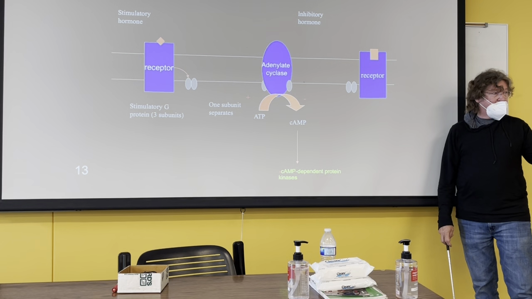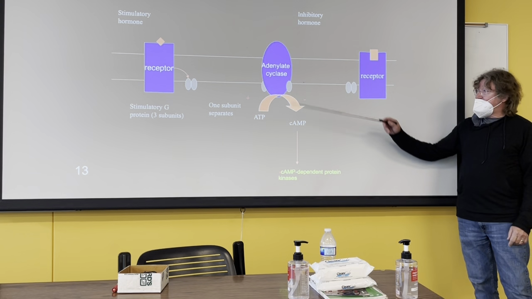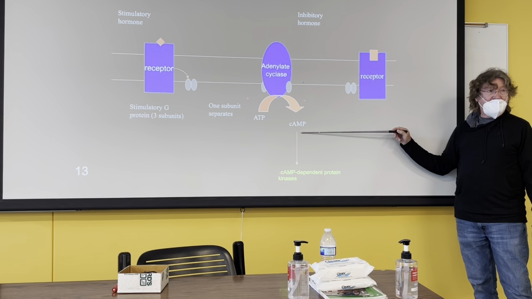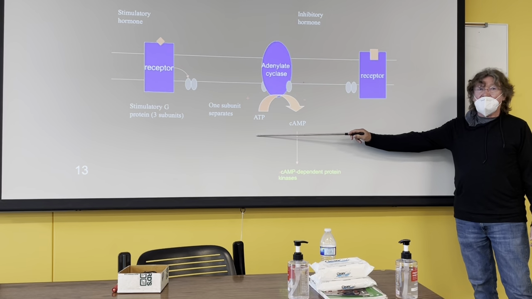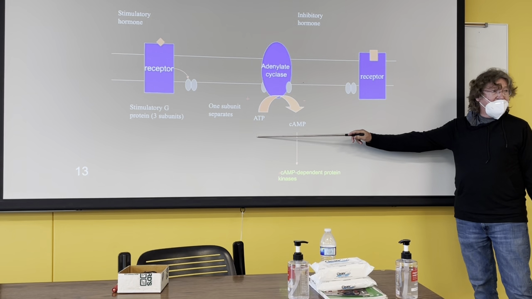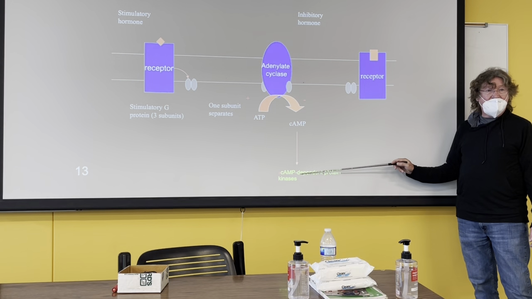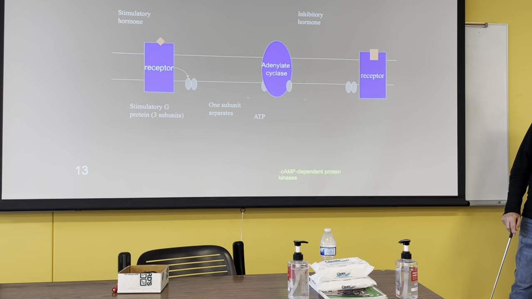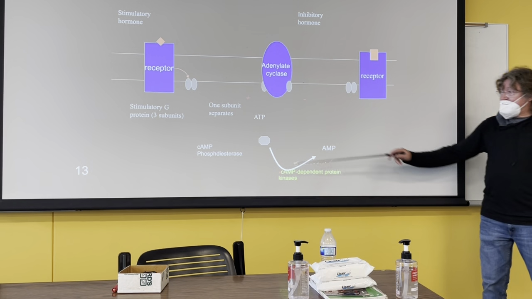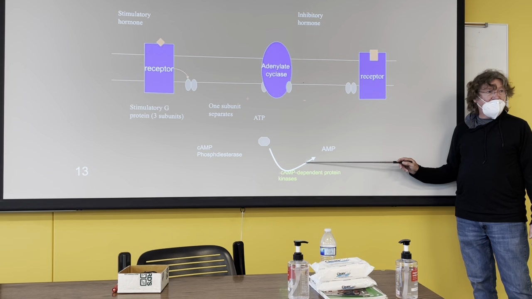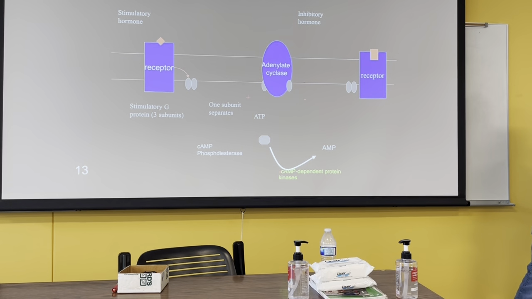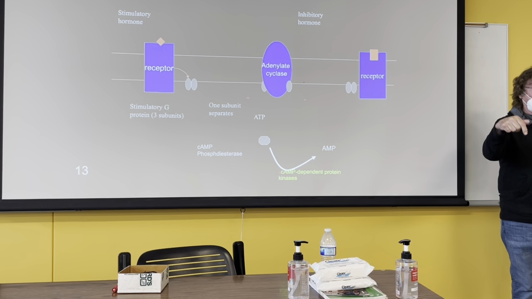Well, adenylate cyclase here is producing high amounts of cyclic AMP, higher than what the cyclic AMP phosphodiesterase can handle. And therefore, it can't break it down fast enough. And that leads to the activation of this. Now, once it is shut down, then this can recover. But the phosphodiesterase is always there, always working.